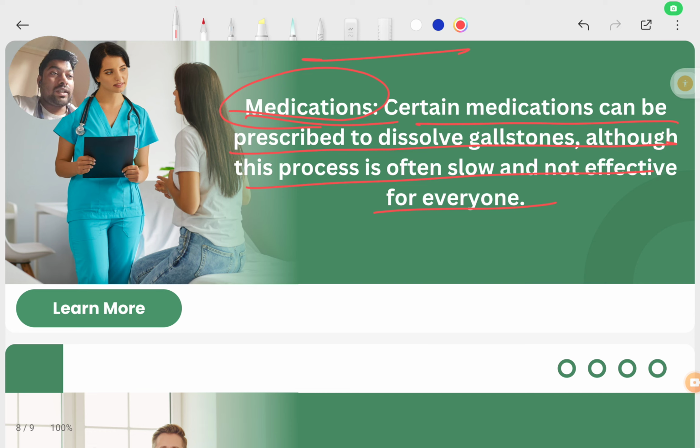Some medications are also given so that they can dissolve gallstones, but it is not very effective, it is a slow process.